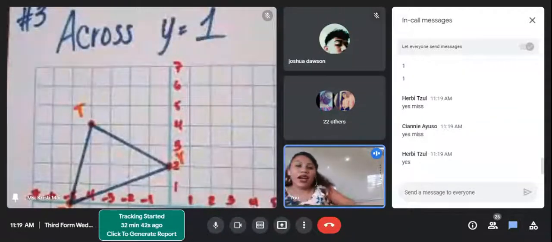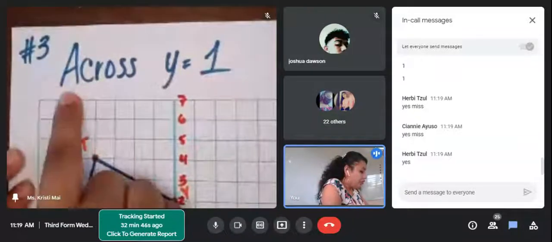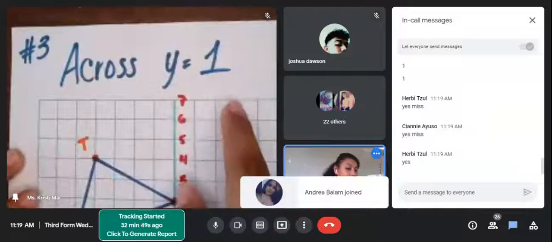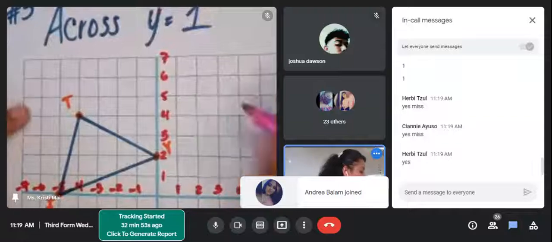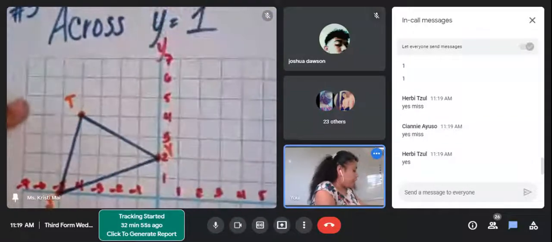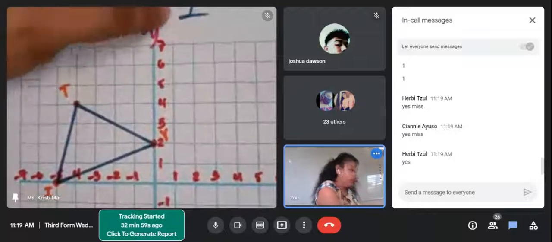Number 3 says across y is equal to 1. Across y is equal to 1. So again, I need to go on my y-axis and find the number positive 1.